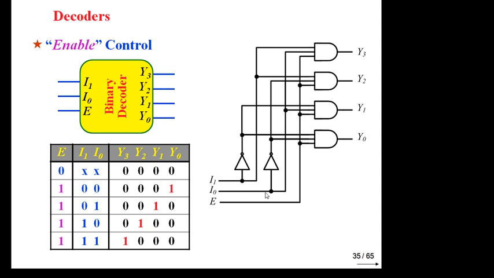What is y2? It is E, I1, I0 bar. In this way you can draw the circuit, either 2 to 4, 3 to 8, or 4 to 16 decoder.